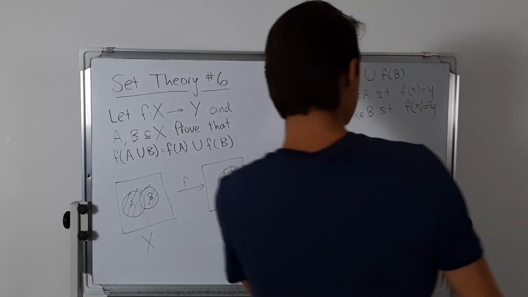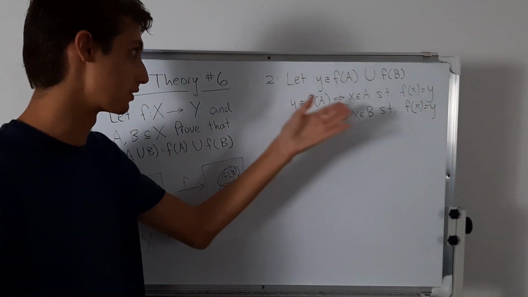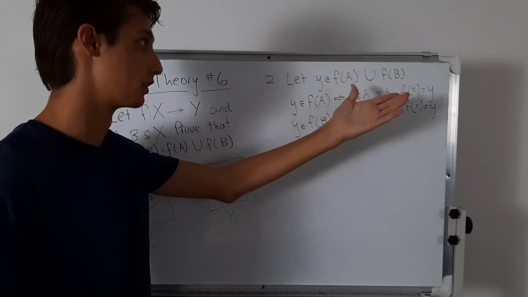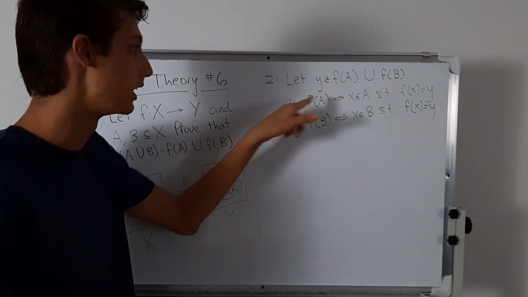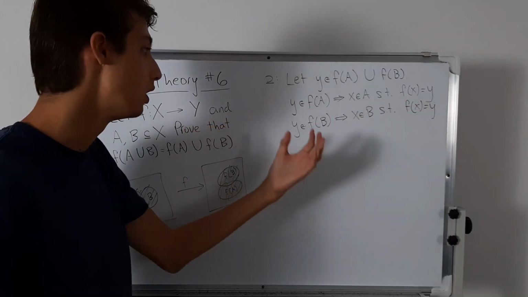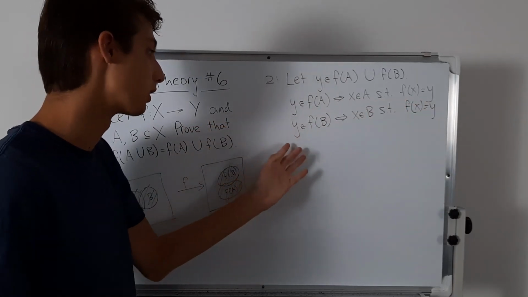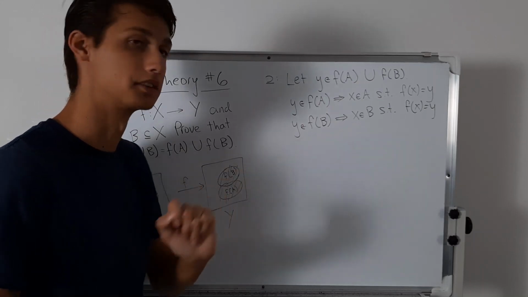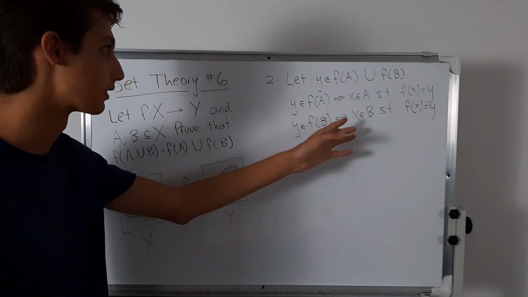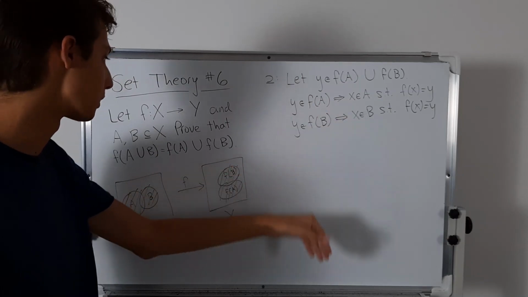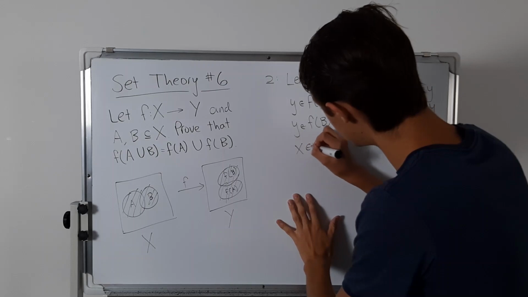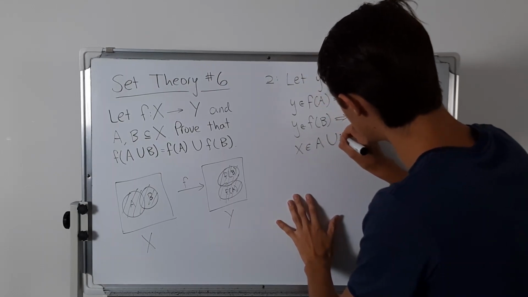So again, the same thing. y can be an element of f of A or f of B because it's the union. So if y is in f of A, then x is in A, or if y is in f of B, then x is in B. So what this tells us is that x is in A or B, which is union.